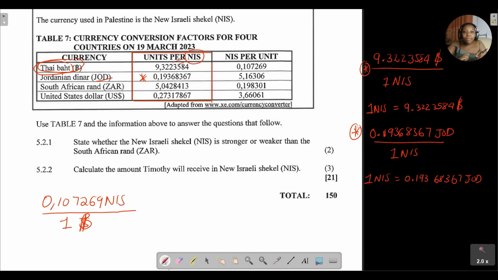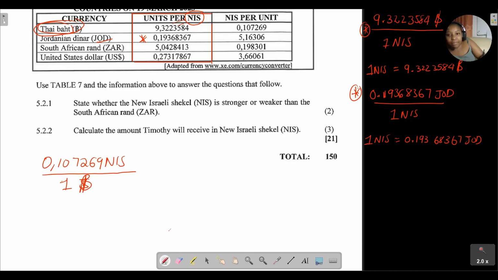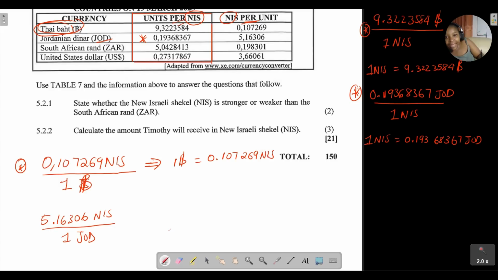So it's still the same thing again. It basically means that 5.16306 NIS per, meaning divide by 1 unit, meaning that we can just write this as 1 baht is equal to 0.107269 NIS, meaning that we can write it as 1 unit gives us 5.16306 NIS.